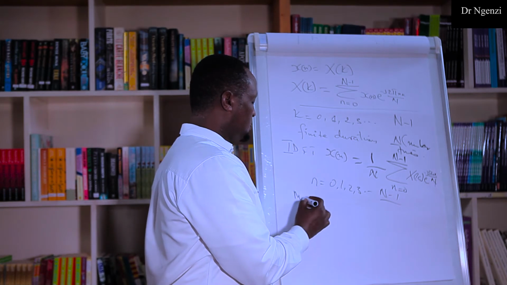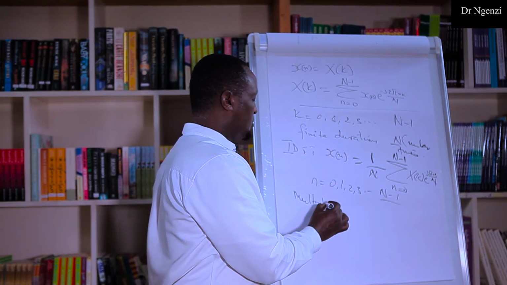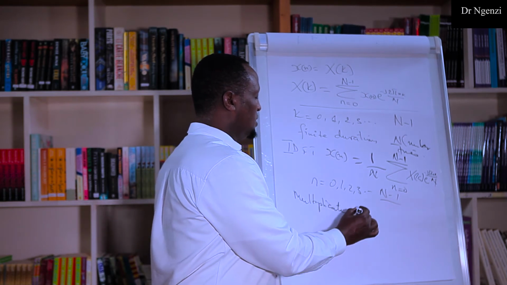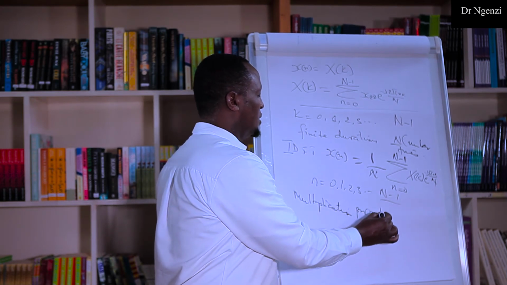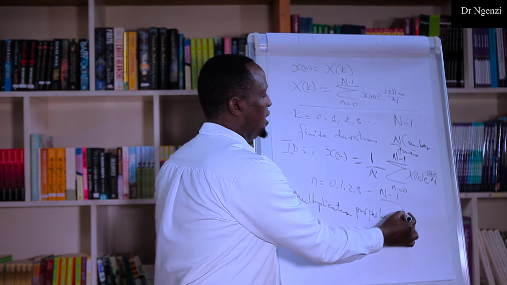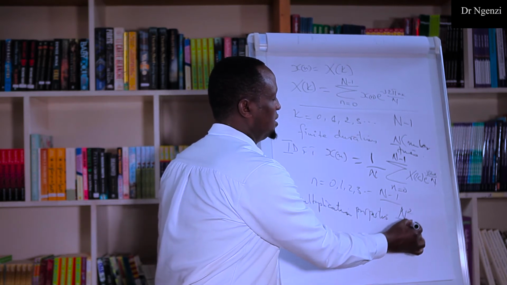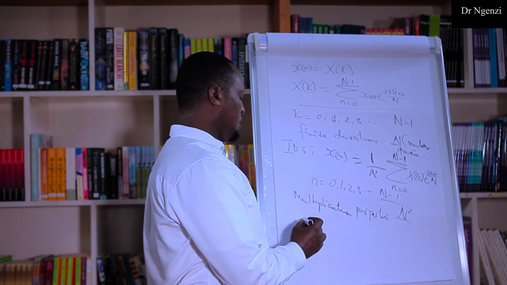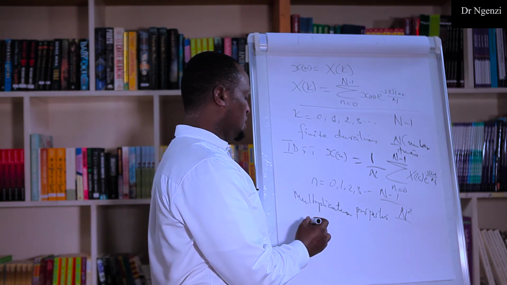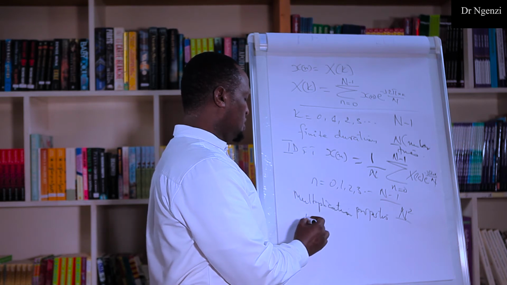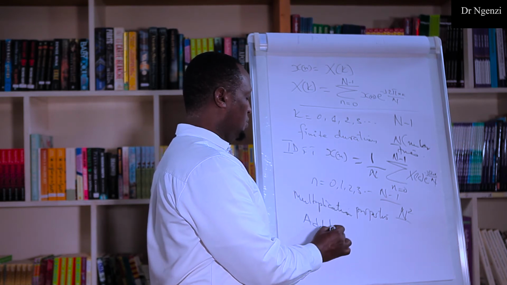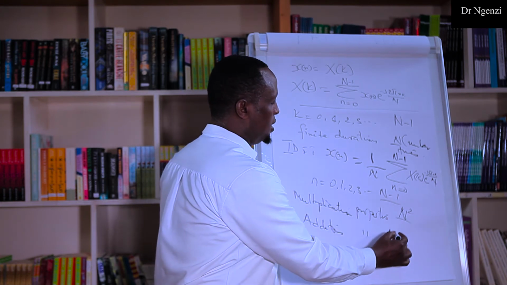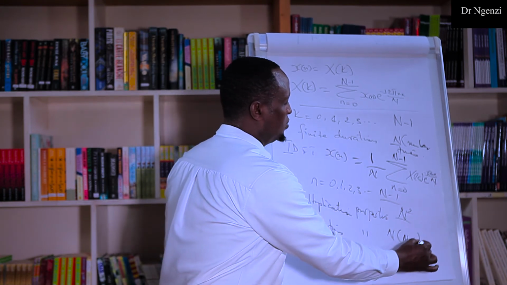For multiplication, remember, we had n squared as its notation. For the addition property, we discussed n into n minus 1.